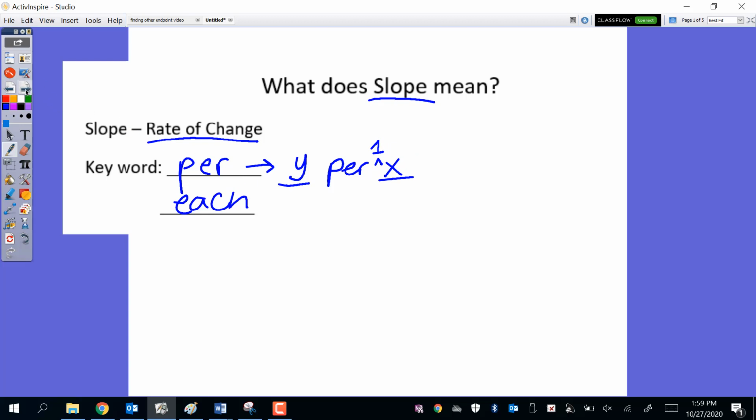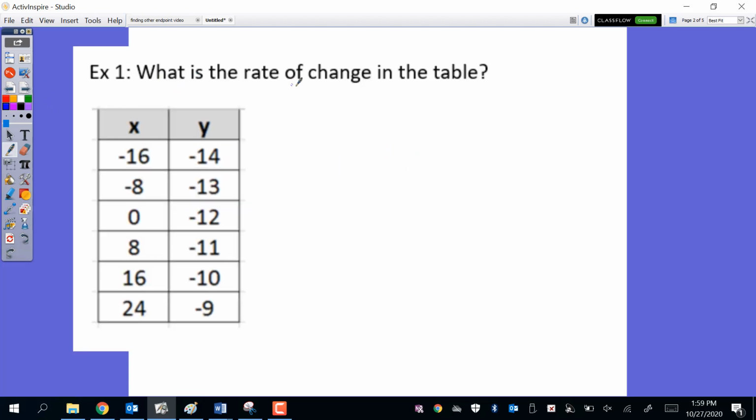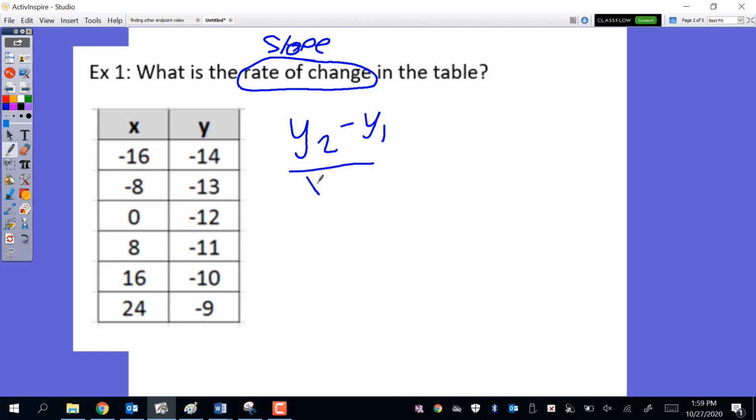So let's look at some examples. So when it says what is the rate of change in this table, rate of change is just a special way to say slope. So if I'm trying to find the slope from this table, I know what formula I'm going to use. It's going to be y2 minus y1 over x2 minus x1. So I'm going to pick 2 points out of this table. We know how to do this. This should not be like a big shock to anyone. So pick any 2 points. Great.